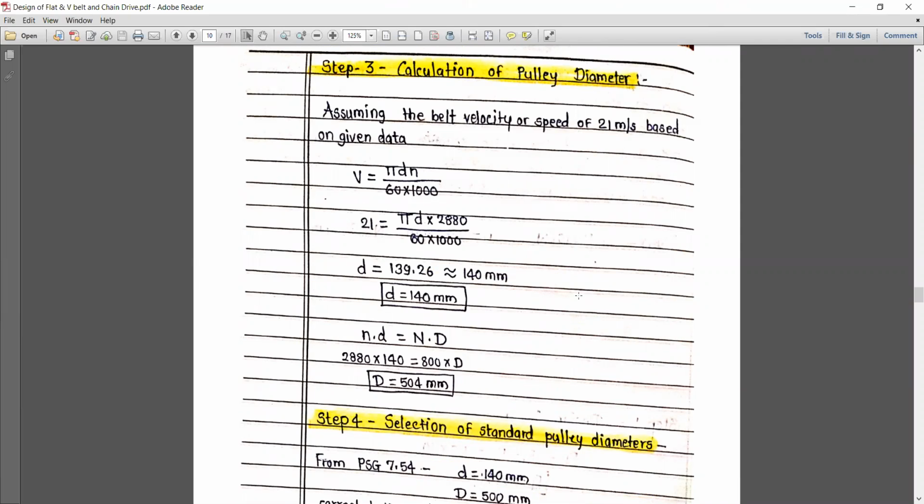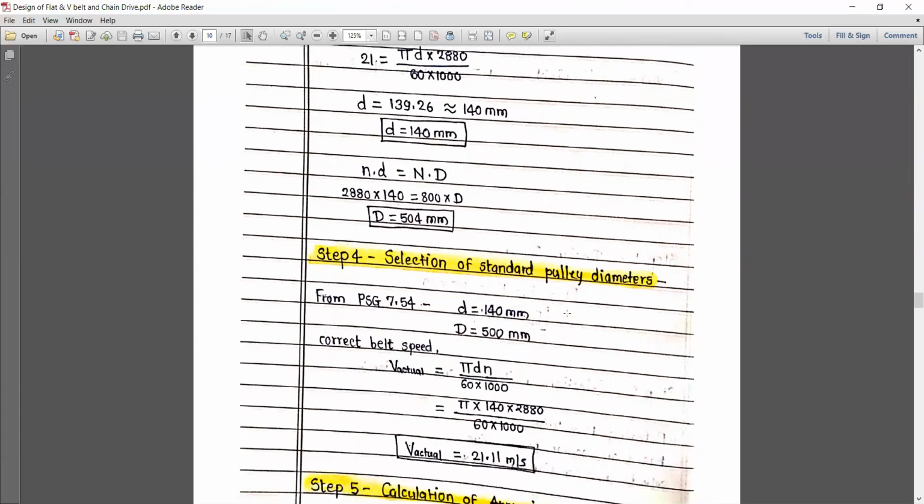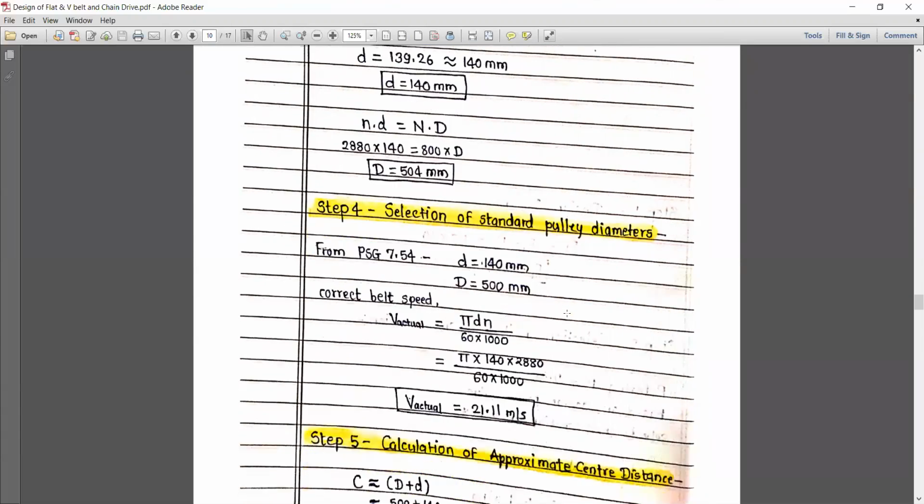Small d is equal to 140 mm and capital D is equal to 504 mm. These are calculated values. Referring to the standard values, the nearest standard value for small d is 140 mm, and for capital D the nearest standard value is 500 mm.